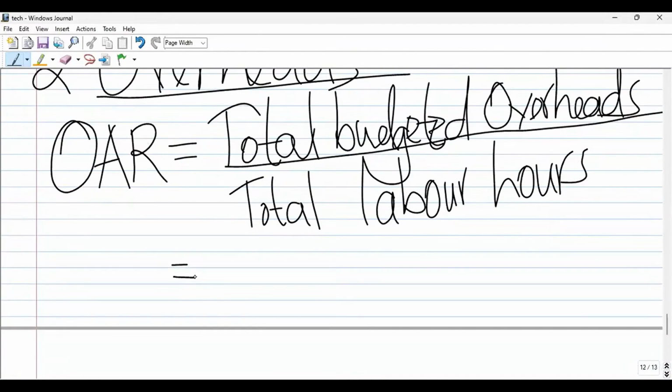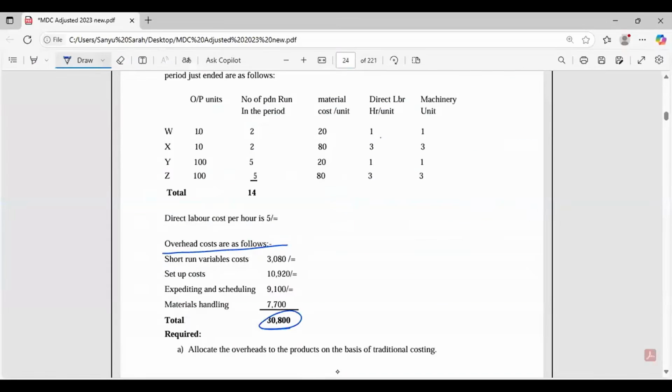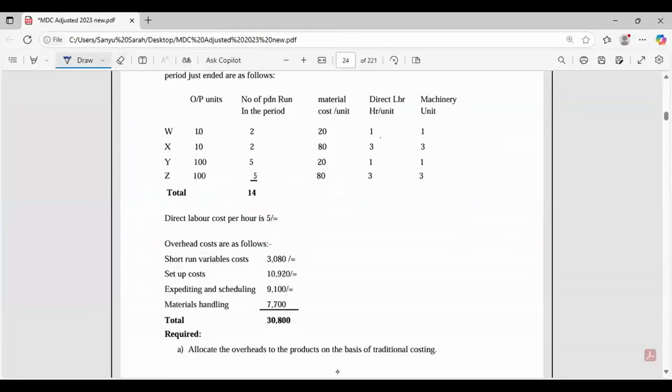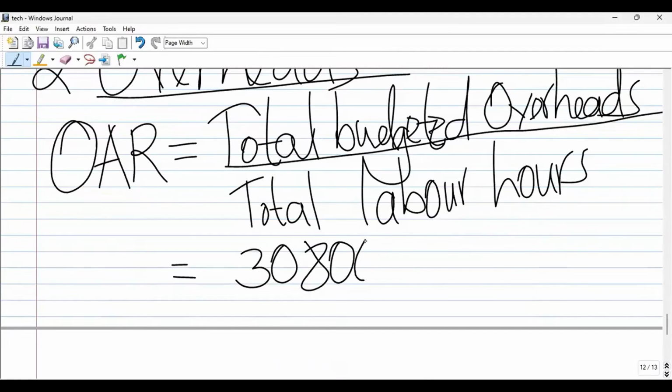So we come and substitute. We go and see our total overheads. The total overheads, all the overheads at once, their total is 30,800. That's what they have told us. So total budgeted overheads, 30,800, divided by the total labor hours.